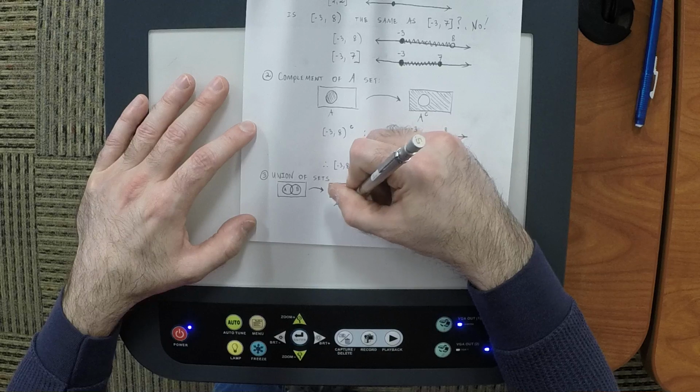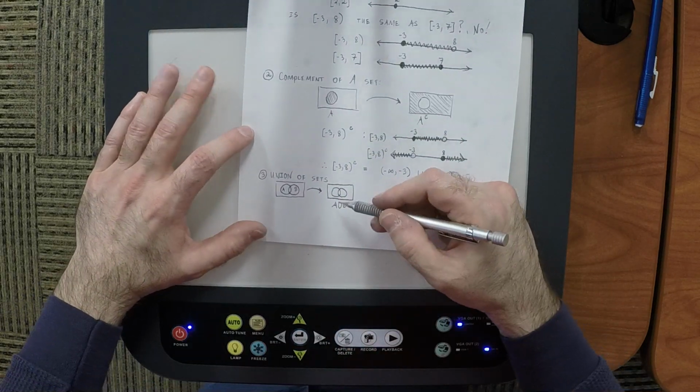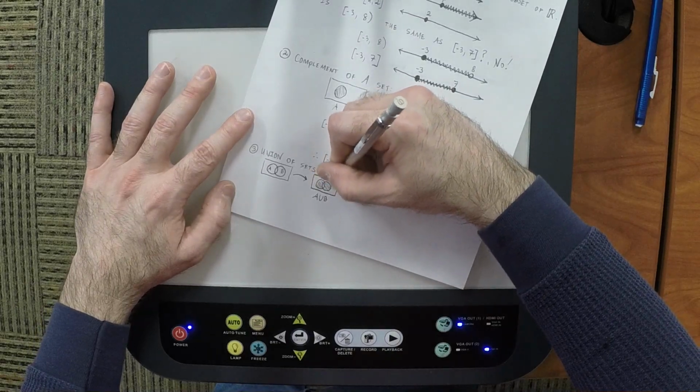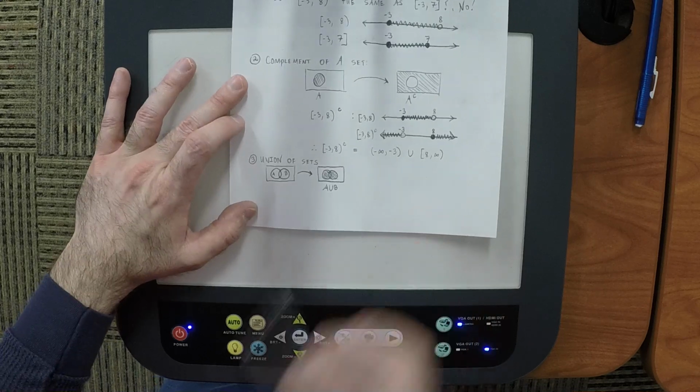And it's denoted with that U looking symbol. It's not a U, but it kind of looks like a U. So the union is all of that stuff. So you're either in the one set or the other set or in both sets.